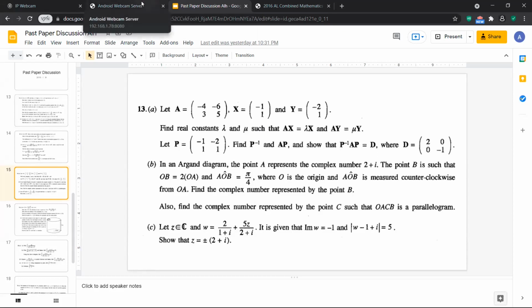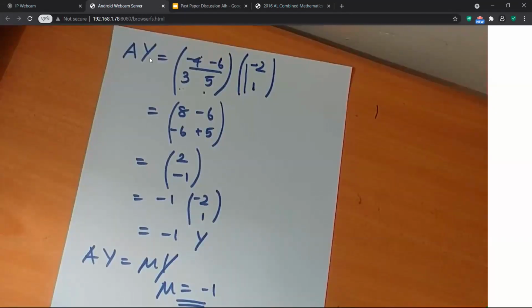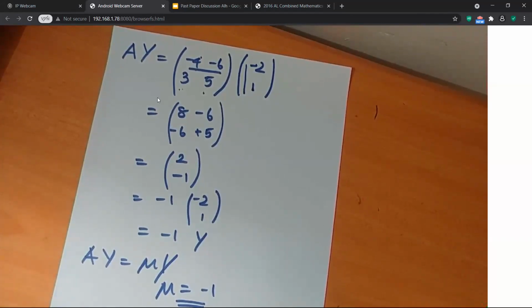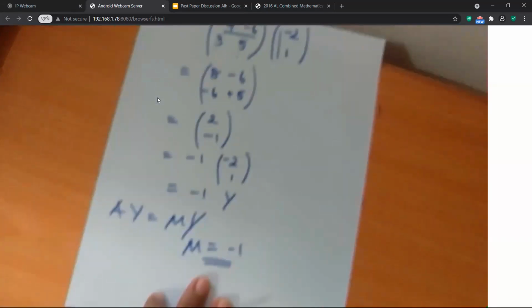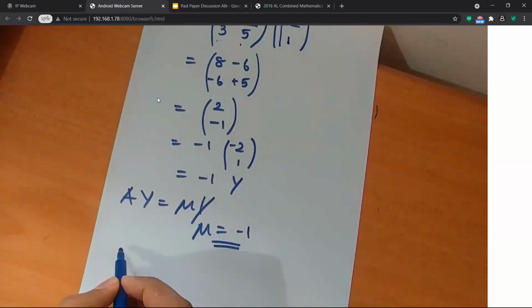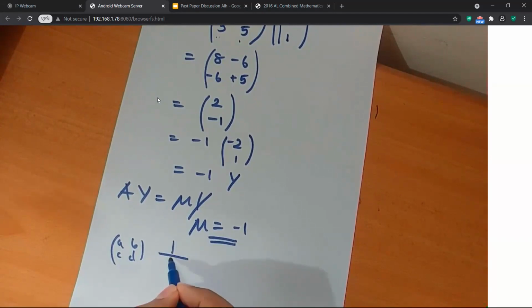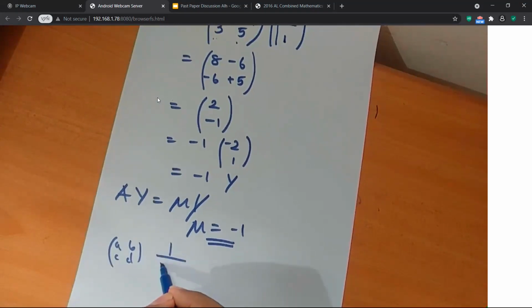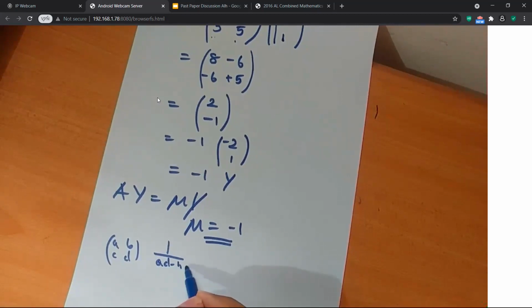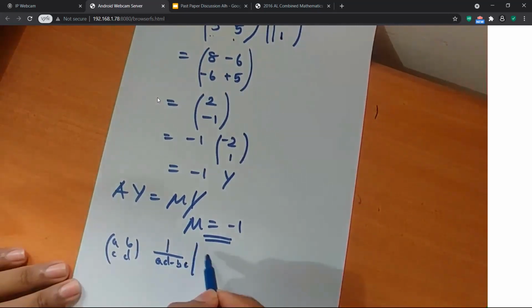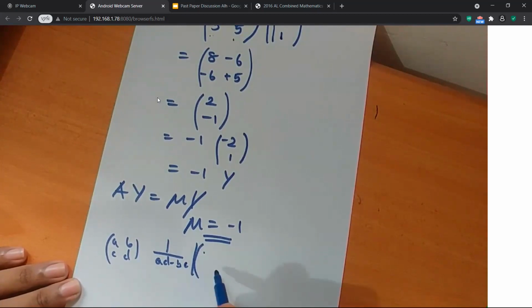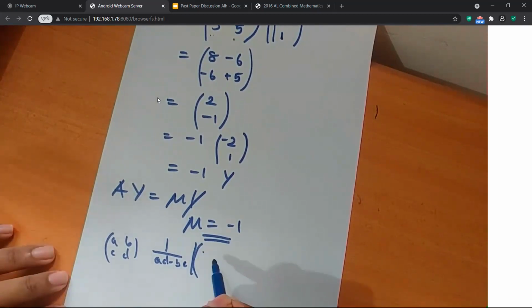So there are two methods to get the inverse of a matrix. One is, if you have a, b, c, d, you get something called the determinant of A. So the determinant is ad minus bc. Then there's a small formula where you change the positions of two terms and change the sign of the other two terms.